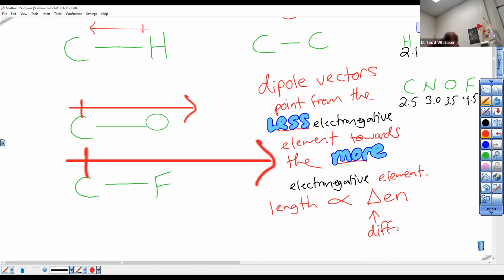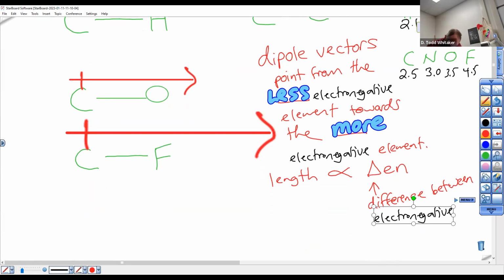Difference between electronegativities. That's cheating, I know. And that's EN. And this means directly proportional.